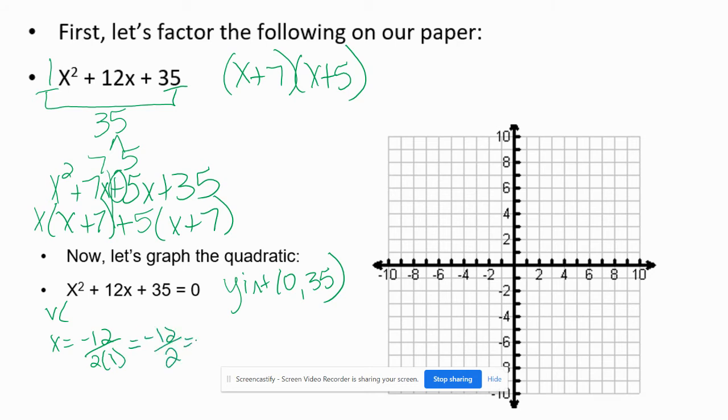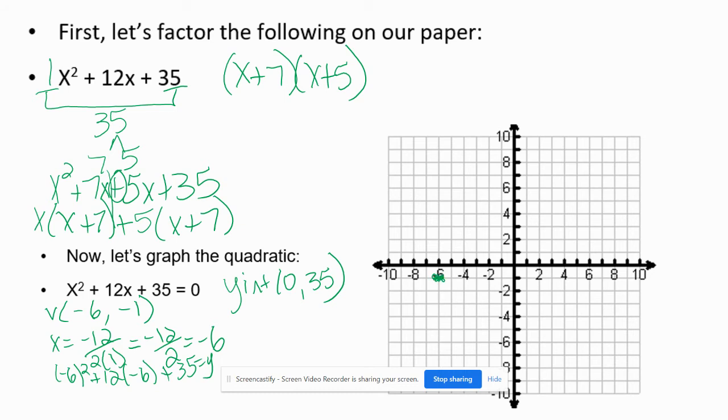That's negative 12 over 2, which is negative 6. Plug in our negative 6. We have negative 6 squared plus 12 times negative 6 plus 35 equals y. I'm going to put all of that in my calculator, and I end up with negative 6, negative 1.